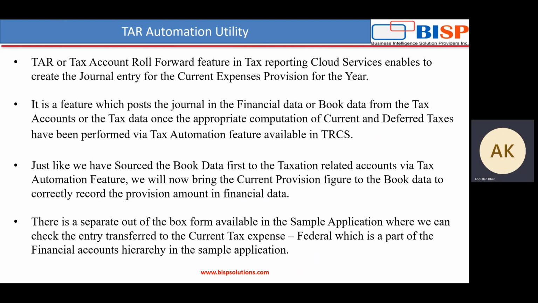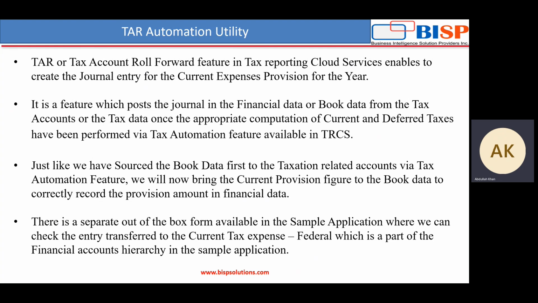But since it is a provision, or a tax expense, we'll have to create a journal entry for that particular tax expense and for that particular period in the financial data as well, because we ought to pay it from the entity. So we'll have to first book the expense or create an actual provision in the financial data as well. So it is a feature which will post the journal in the financial data or the book data from the tax accounts or the tax data.